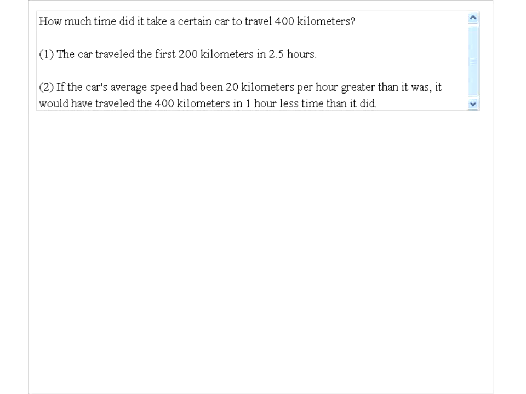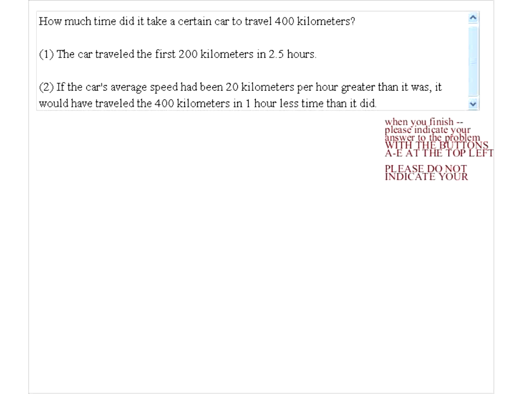When you finish, please indicate your answer with the buttons A through E at the top left. Please do not indicate your answer in the text box, because everybody will see that, and that's not what we want. We want your answers to be private. I'll give you a timer for about 2 minutes, and we'll see how we do. Go for it.